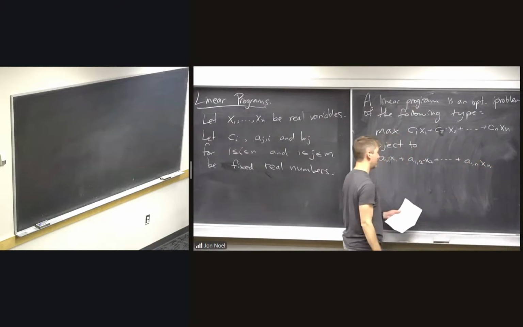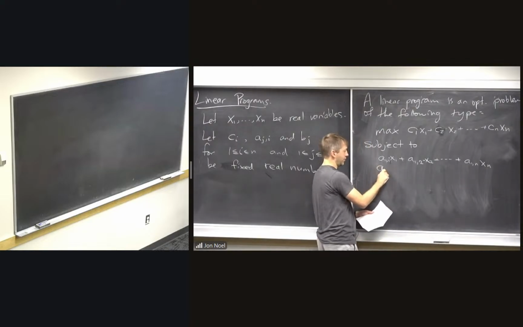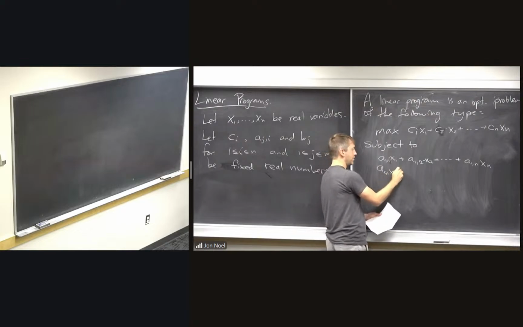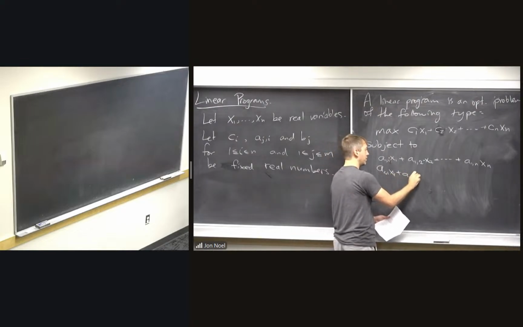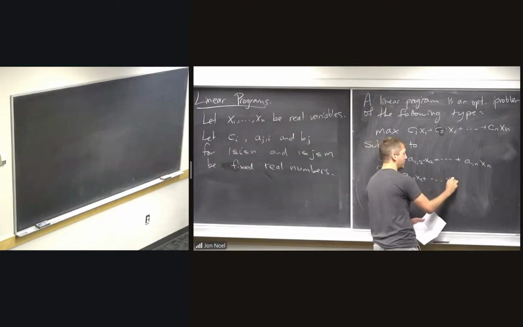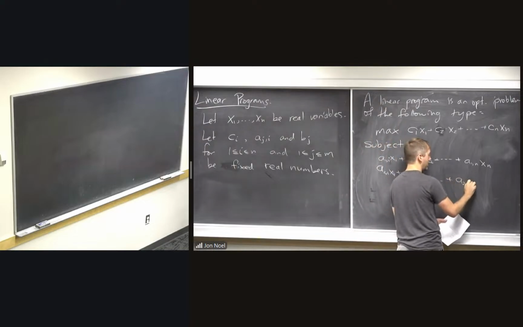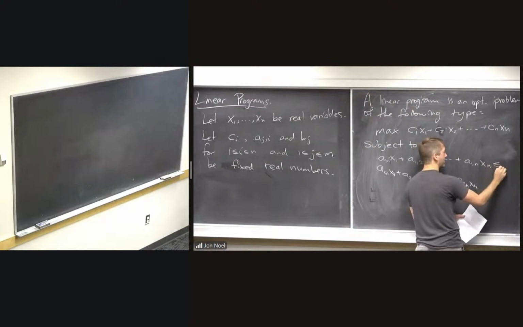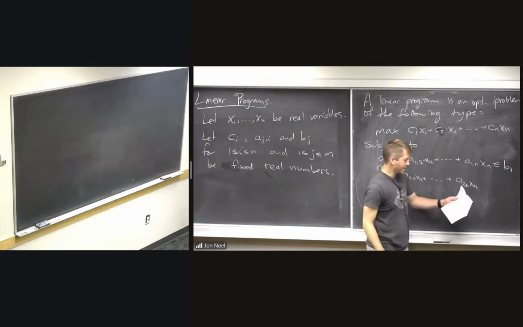And I'll just write another one. So a21 x1 plus a22 x2 plus ... up to a2n xn. Oh, sorry, on this first line I meant to write is at most b1.